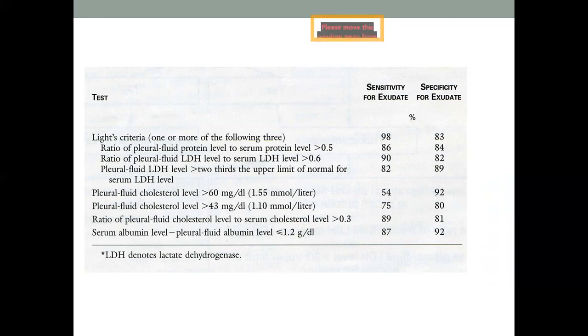So in that case, if we cannot differentiate the pleural fluid into transudate or exudate straight away, then we can apply Light's criteria. This is Light's criteria.